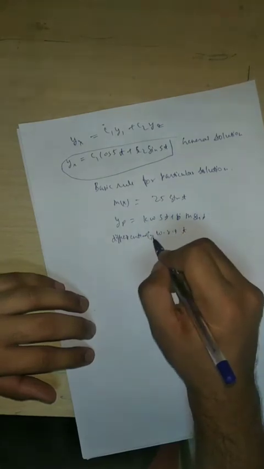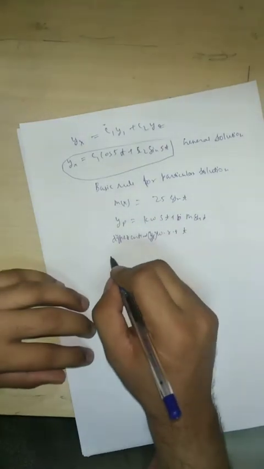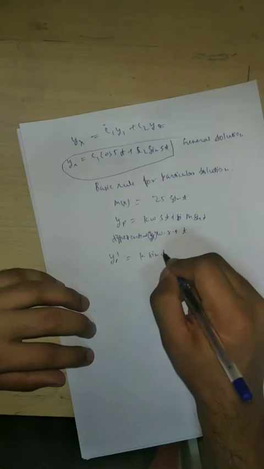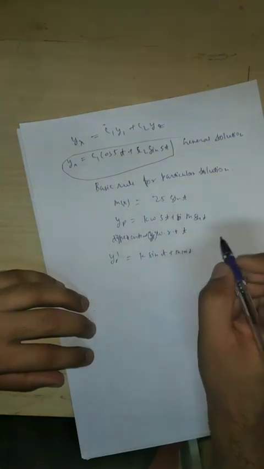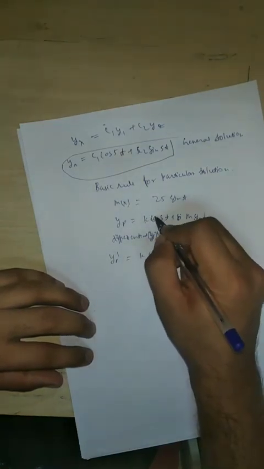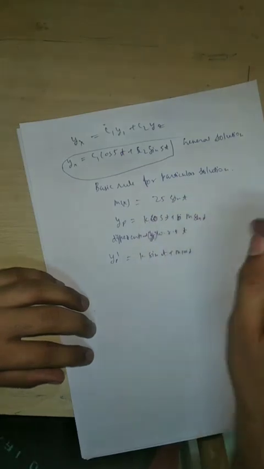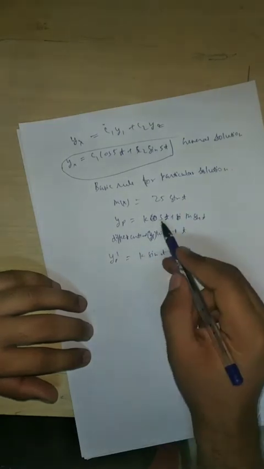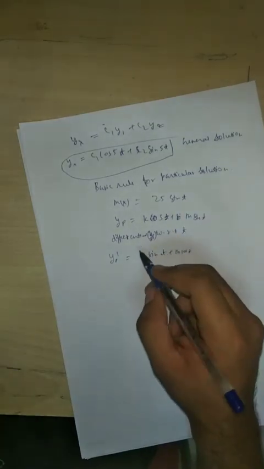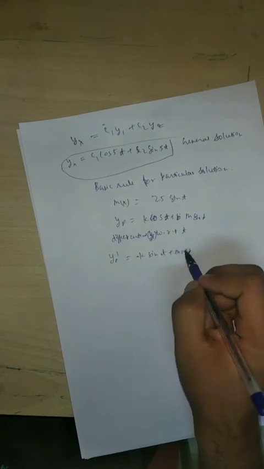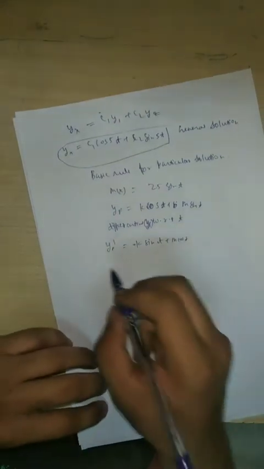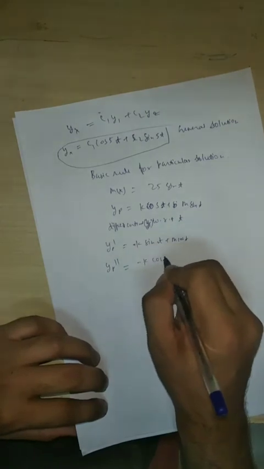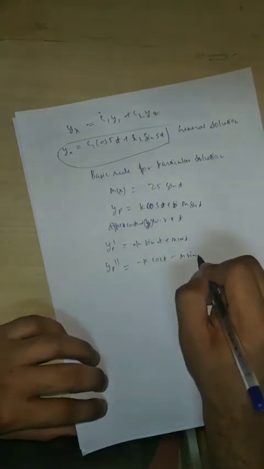So yp dash will come out to be negative k sin t plus m cos t, and yp double dash will come out to be minus k cos t minus m sin t.